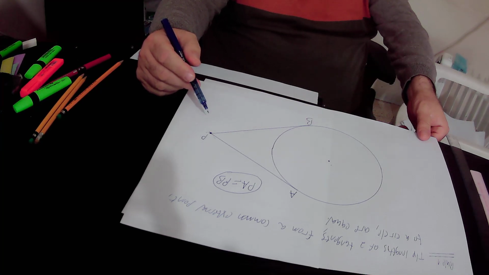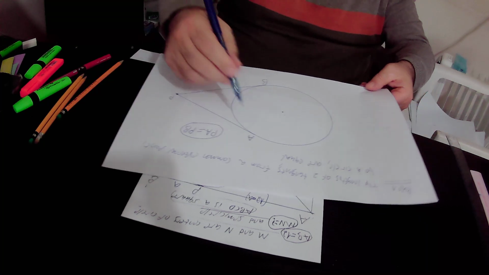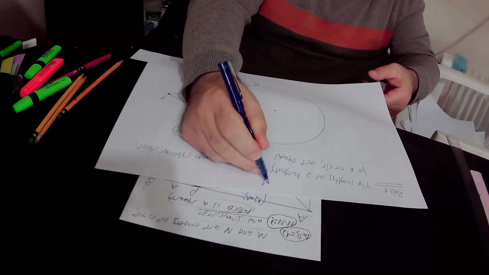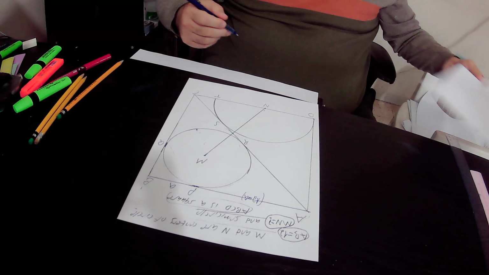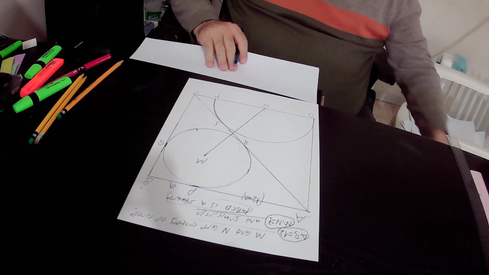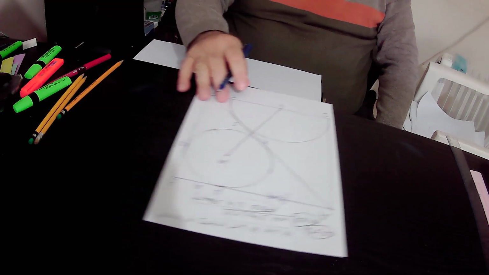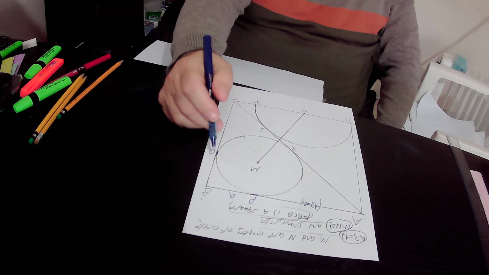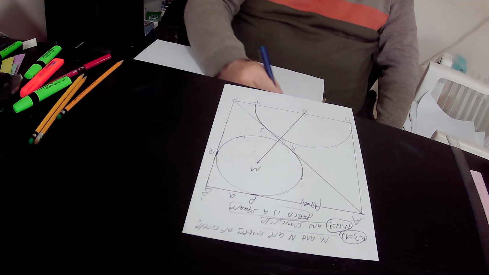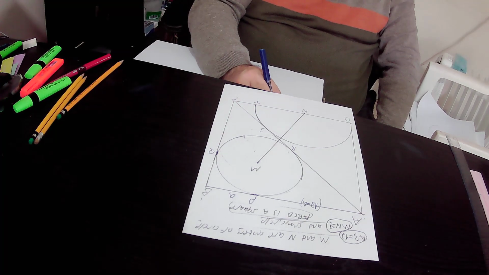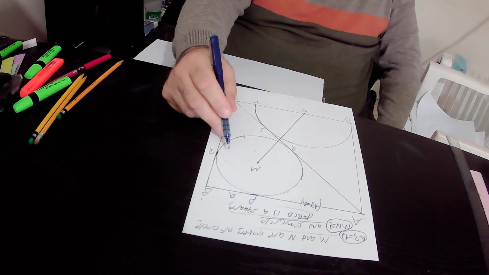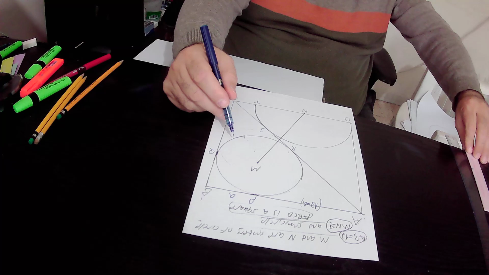Okay, so we can implement rule number one in our drawing. We will relate to the external point, point B. Point B is an external point in relation to this circle.